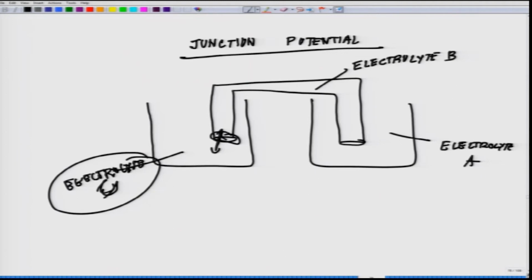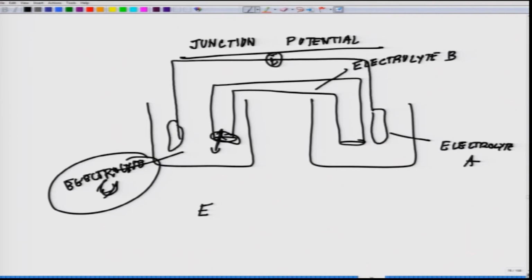Okay. So, E observed is equal to whatever you have with the two electrodes, the E which you are measuring here. E observed is equal to E cell plus E junction.